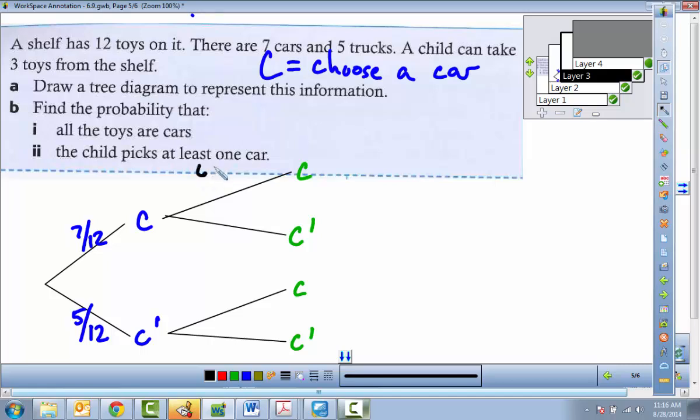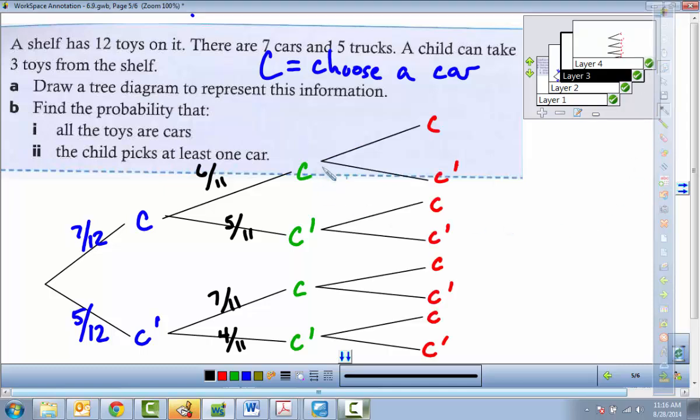So now there's only 6 cars out of 11 total. There's still 5 trucks, 5 not cars, out of the 11. Across the bottom, he's taken a truck, so there are still 7 cars out of the 11, but now there's only 4 not cars out of the 11.